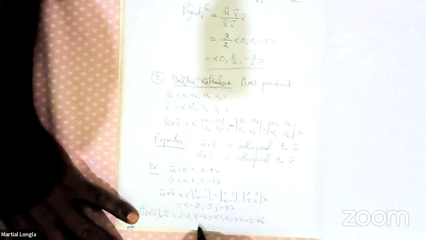It's -2 times 1, that's -2, plus 3 times 2, 6, plus 6, minus 4 times 1, -4. And you can see this is 0, right? As expected. I told you u cross v is orthogonal to u, which means if you do the dot product, you're going to get 0. Any questions? You can do the same thing for u cross v dot v. You get 0 as well.